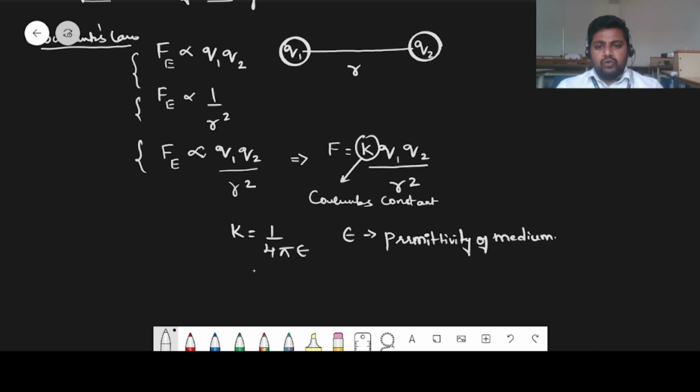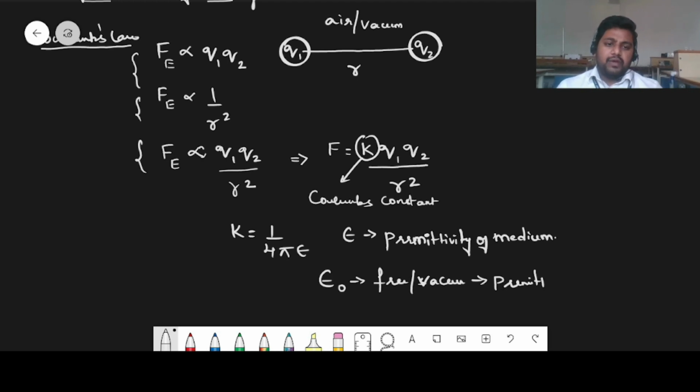If the two charges are kept in air or vacuum, then we represent that as epsilon naught, the permittivity of free space or vacuum.